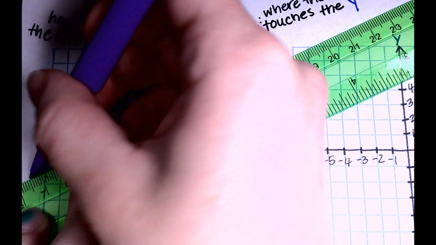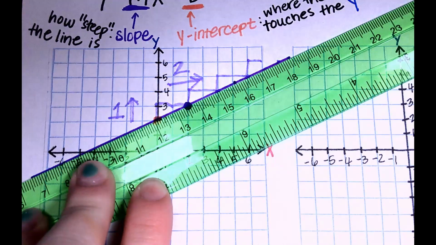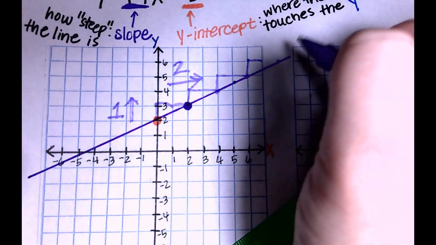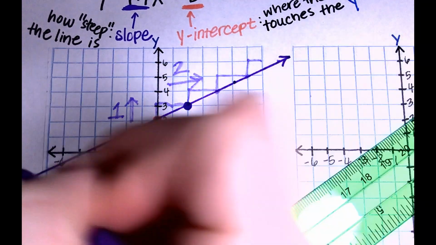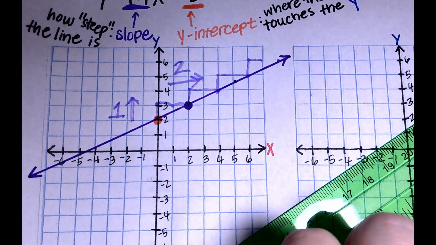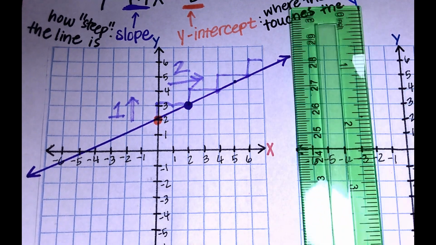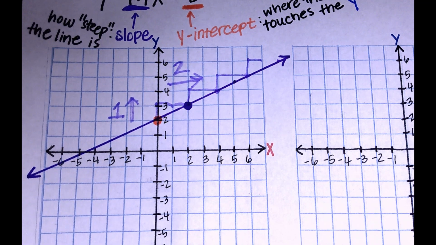And there's my line. And we just put arrows on the ends of that line. Okay, there it is. We graph the line.